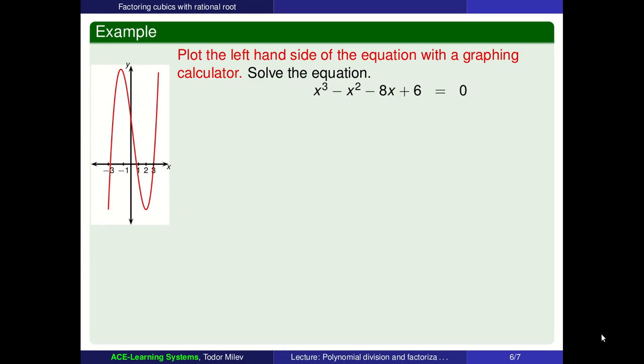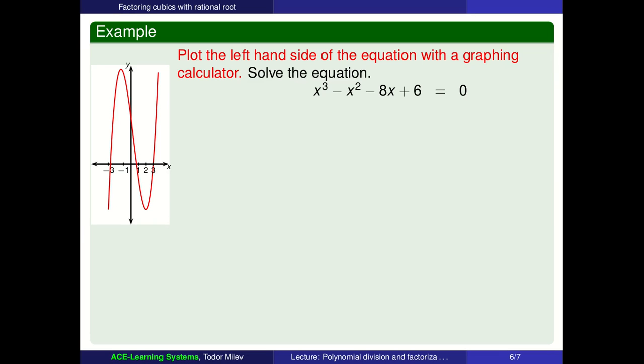Once again, please do not forget to exercise yourself in plotting graphs of functions with the device you're going to bring to your exam. So here's approximately what you should get when you plot the function with your graphing device.